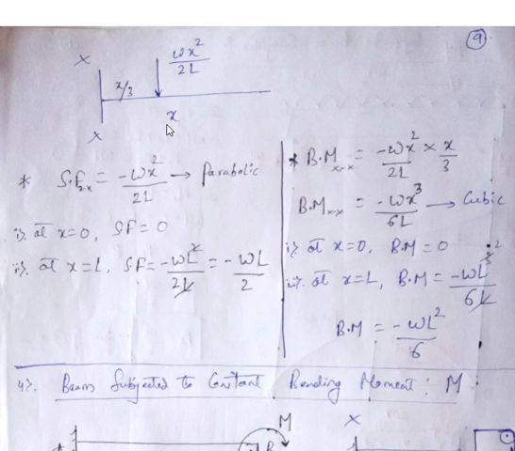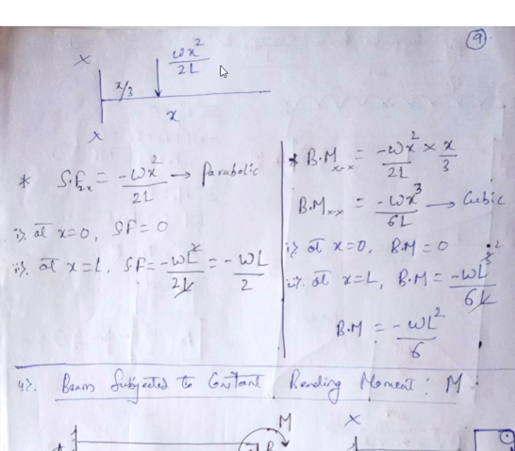We all know that x varies from 0 at the right end of the beam to length L at the left end of the beam. So if I consider shear force at section XX, because of the forces, I need to add all the forces at the right side of the cross section. There is only one force, that is W x square by 2L, and direction is downward.